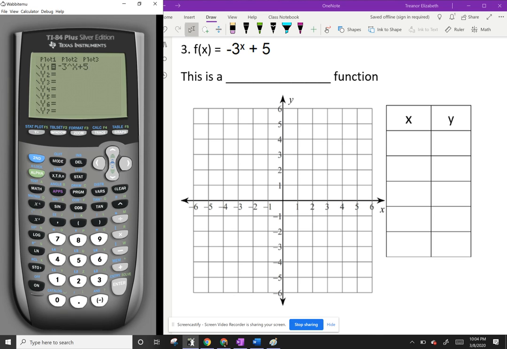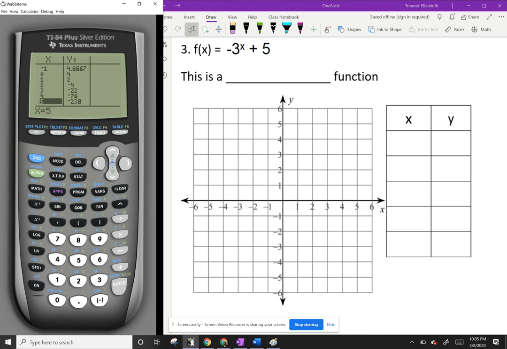Then I'm going to go to second graph. I'm going to go all the way up to where x is -6. And as you can see, we have a really complicated decimal here. So we're actually not going to graph that. The decimal is a little bit more complicated and we don't actually need those points.